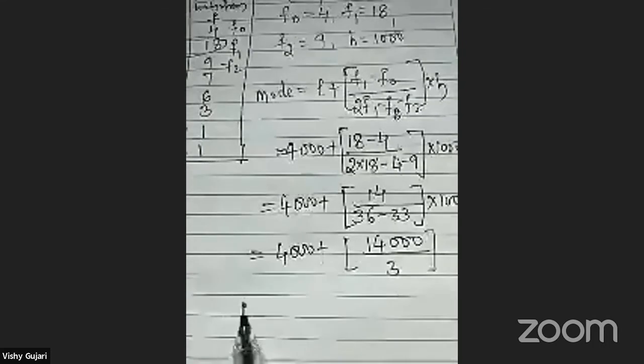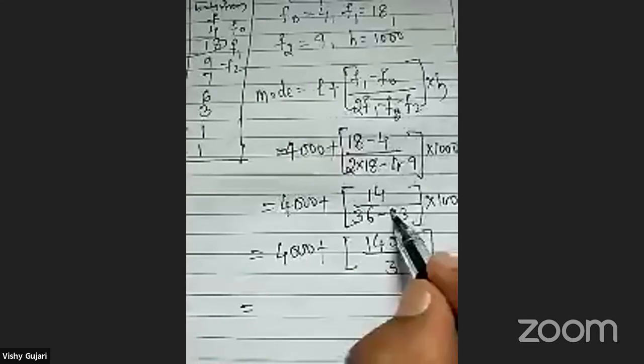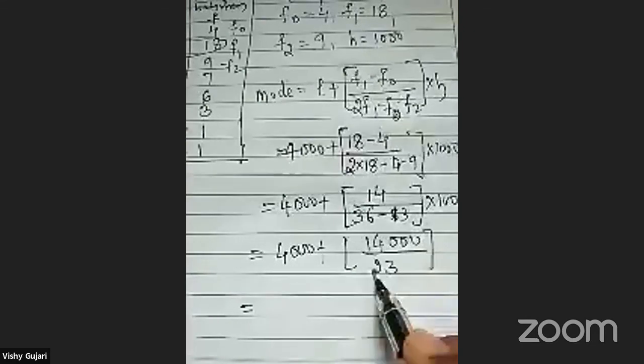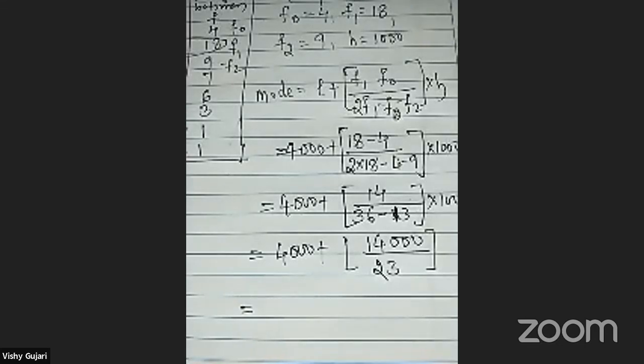Right? So it will become 23. 14,000 divided by 23.